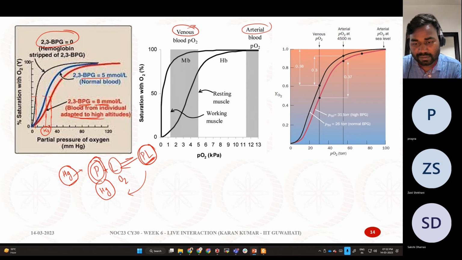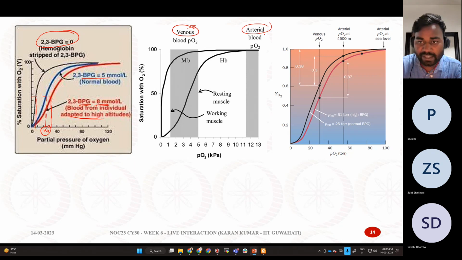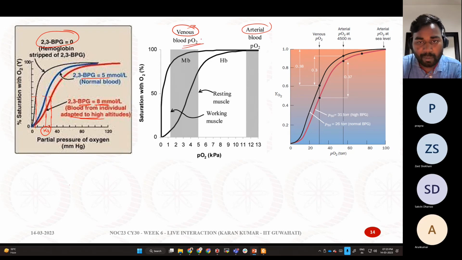Anyone? If you have studied human physiology, you will know that arteries carry the pure blood, meaning the oxygen-bound blood. So in arteries the oxygen concentration is very high, and hemoglobin will be completely saturated. In venous blood, which carries more carbon dioxide, the partial pressure of oxygen is lower, and hemoglobin acts as a carrier.